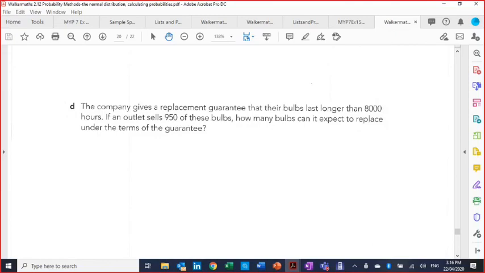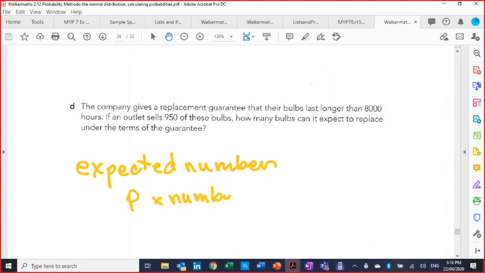They want to see how many last more than 8,000 hours. So find the probability for above 8,000 hours, and then multiply it times 950. That's called expected number. And again, that's just the probability times the number of items.